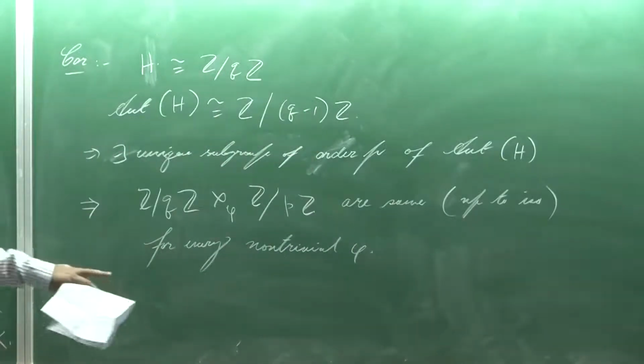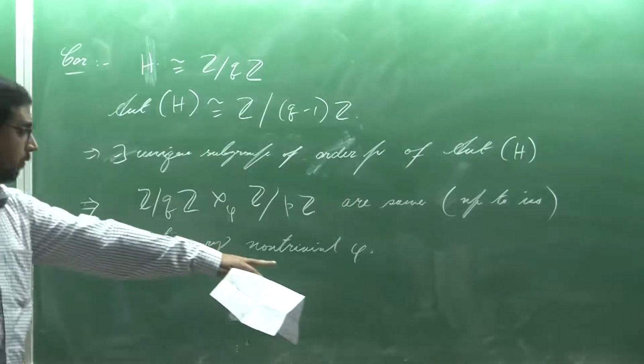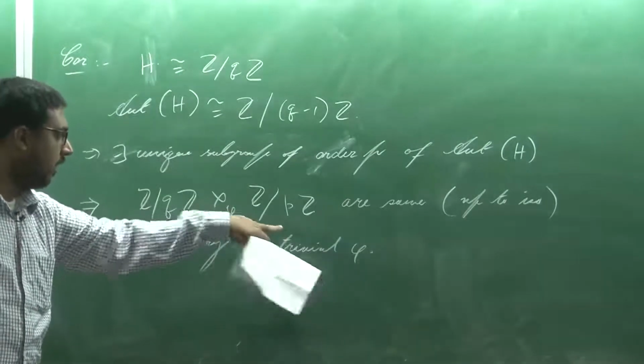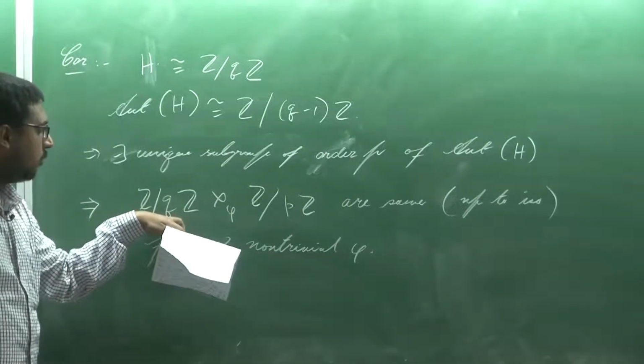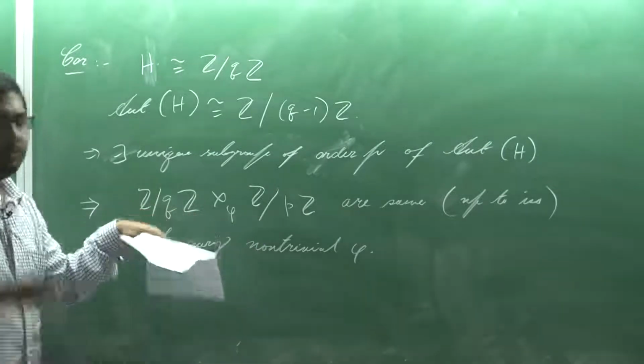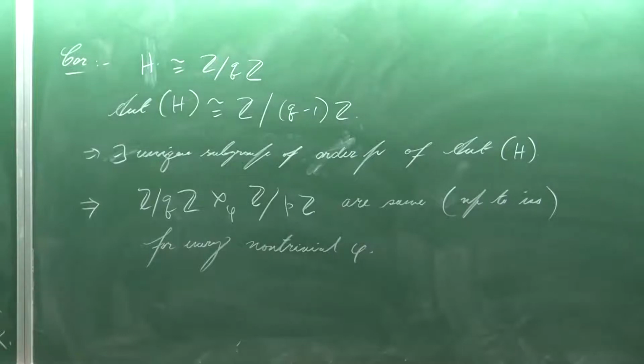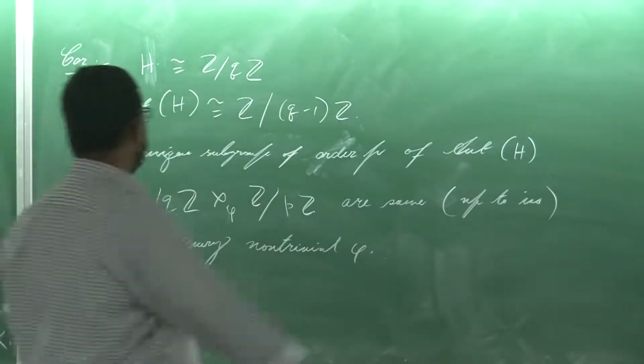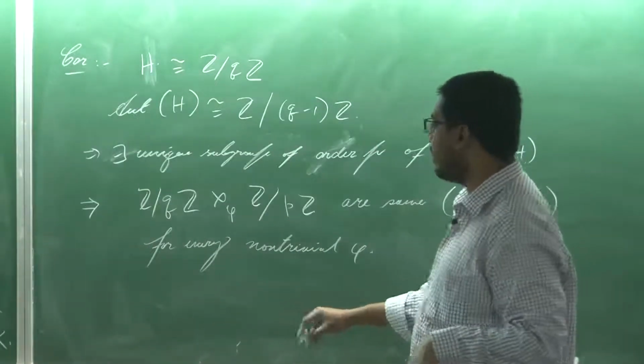Because if phi is non-trivial, then the image of this group under phi will be a subgroup of order P of Aut Z modulo QZ, and Aut Z modulo QZ has a unique subgroup of order P.